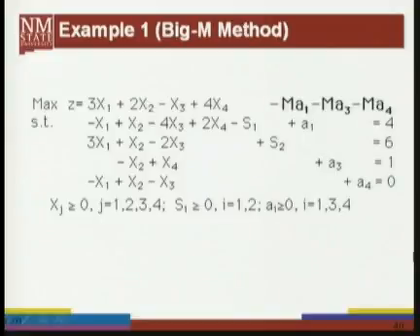Okay, then I'm going to give you an example for the big M method next time. And now let's move to the two-phase method, okay? Which is another way to eliminate artificial variable from the solution.